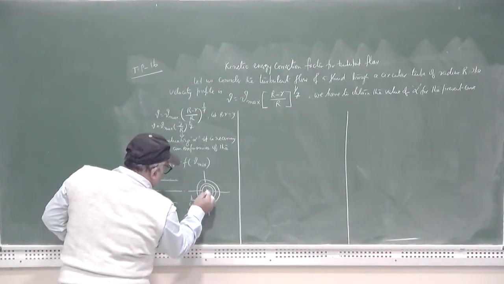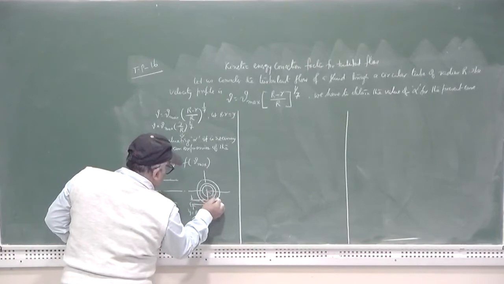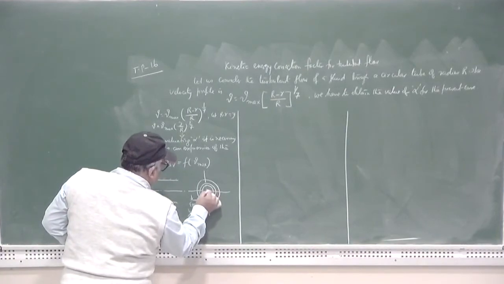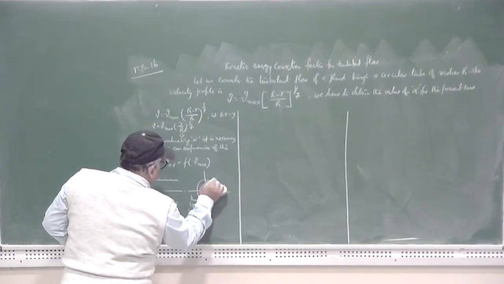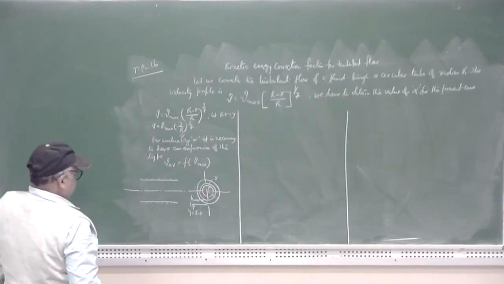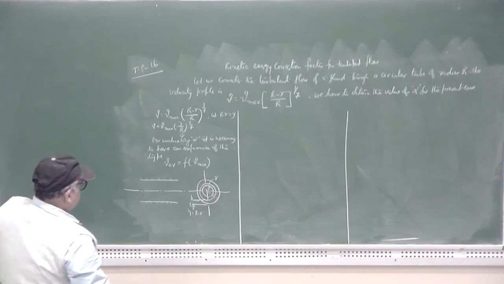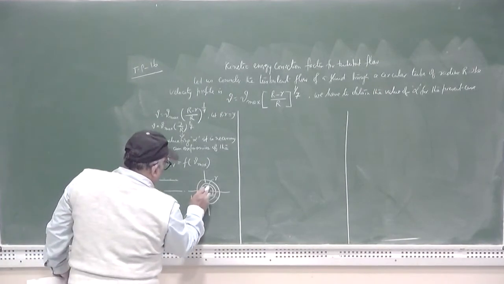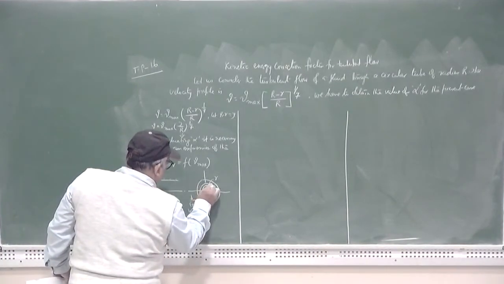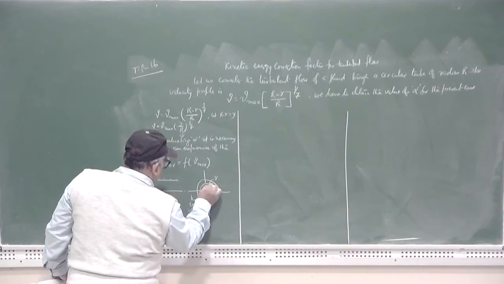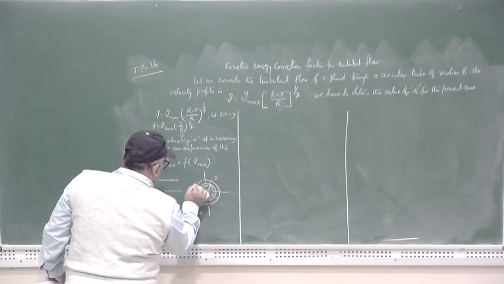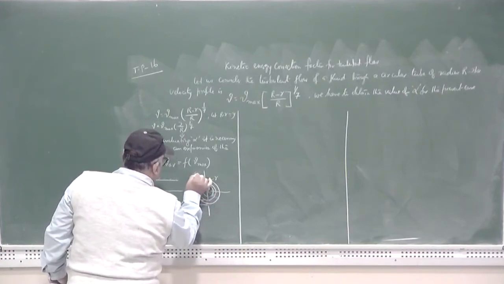This is your R, and this value is the small r, and the thickness of this strip is, let us suppose, dr.